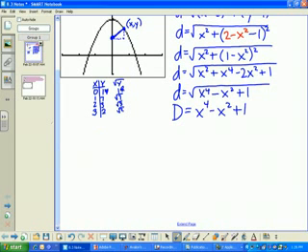And we know that the maximum or minimum always occurs when the derivative of the function is either 0 or undefined. Now our polynomials, there's never a point that it's undefined. It is a continuous function. So we know that we're looking for only our zeros here.